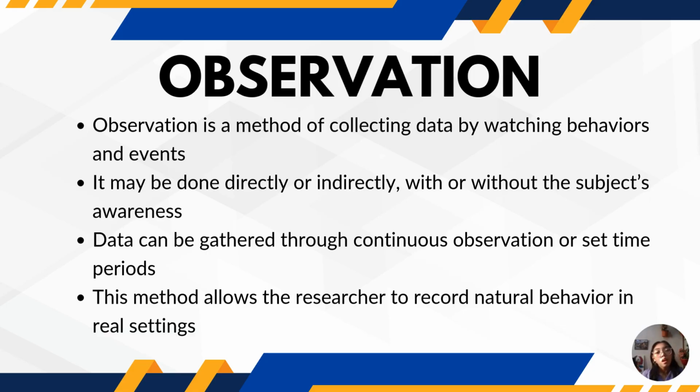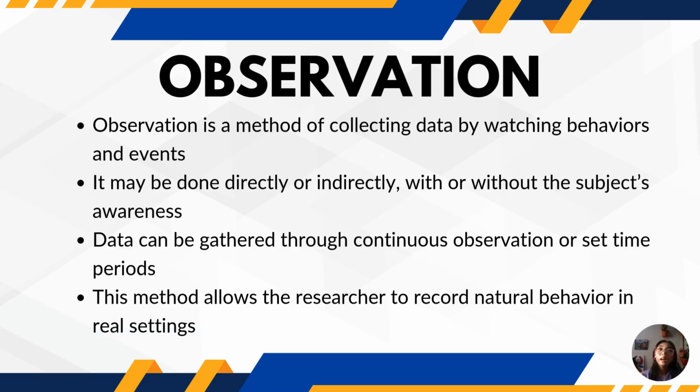So, observation is one of the most effective ways to collect data because it allows the researcher to witness the actual behavior in real life situations. Observation may be done directly or indirectly, and our participants may or may not be aware that they are being observed.